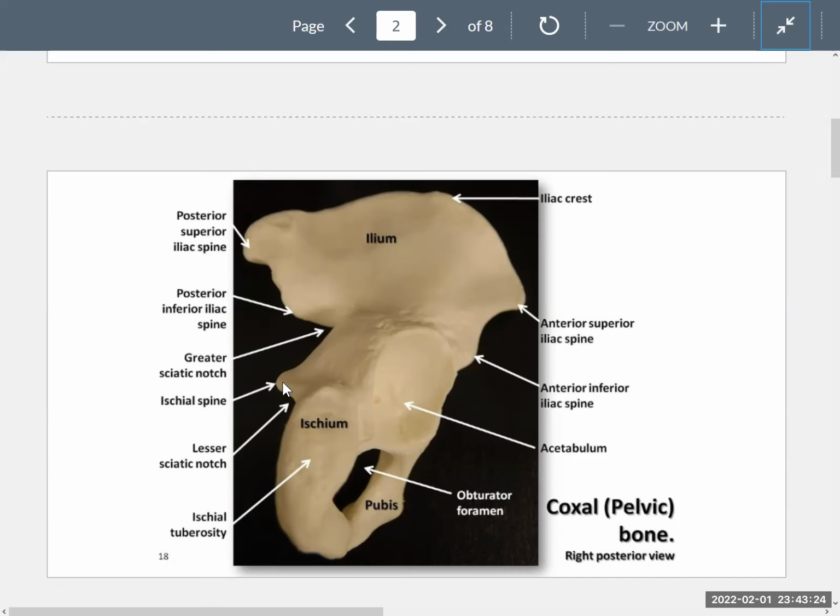The ischial spine is important because if it sticks in too far in a female, it'll be difficult giving birth to a child. Find that ischial spine on your screen, come down under it, and there's a small indentation, much smaller than the greater sciatic notch. This is the lesser sciatic notch.